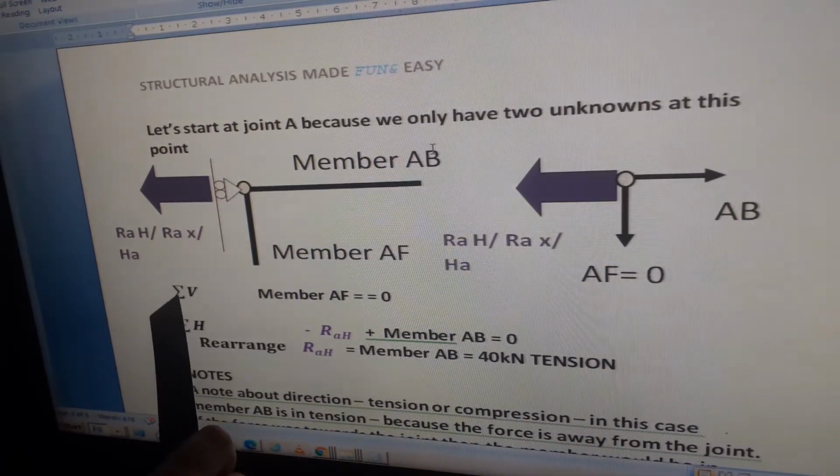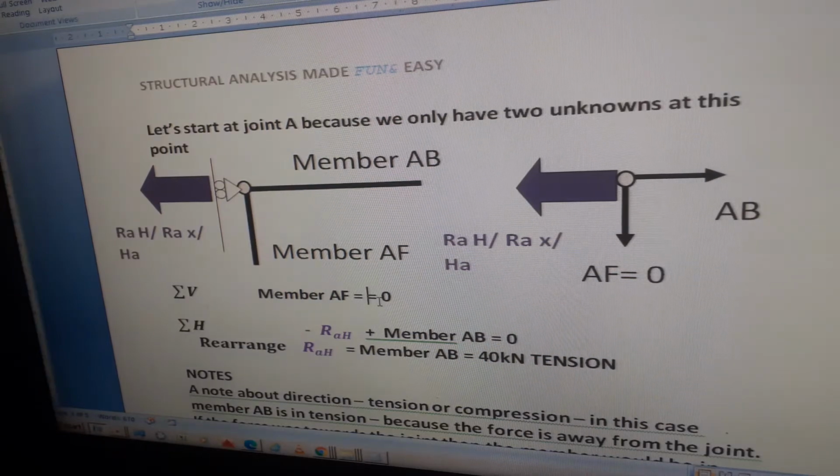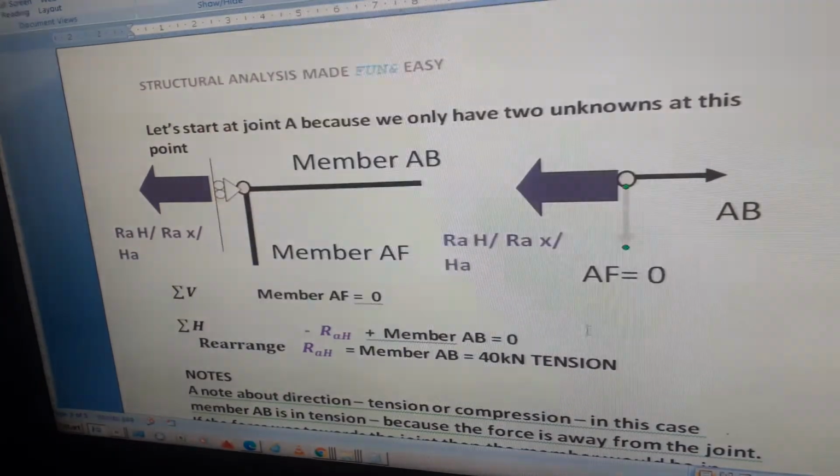So if we start by taking vertical equilibrium, then member AF equals 0, because there are no other forces around.